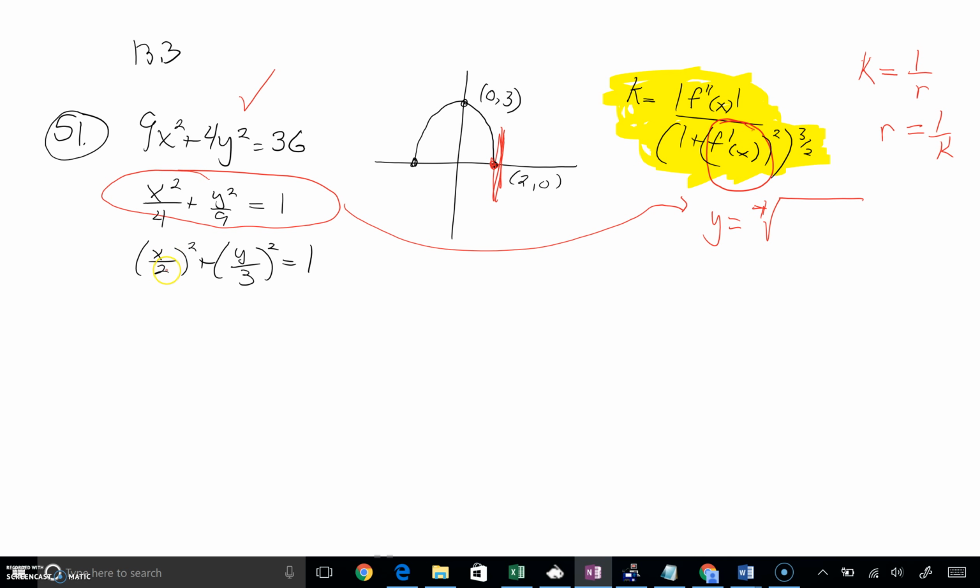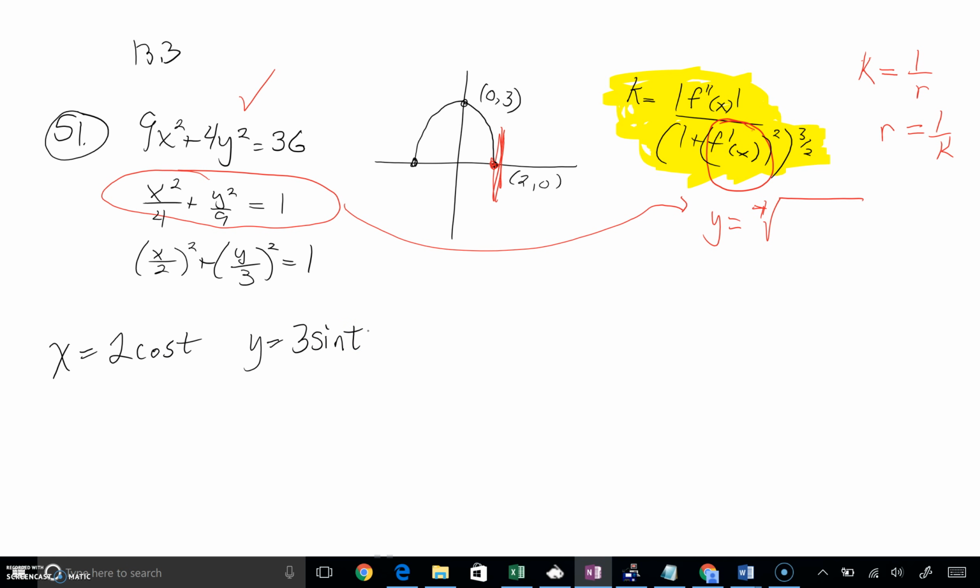So here's another way to look at this. We could say x over 2 squared plus y over 3 squared is equal to 1. We could very nicely now come up with this kind of a parametric equation. We could say x is equal to 2 cosine of t, and y would equal 3 sine of t.